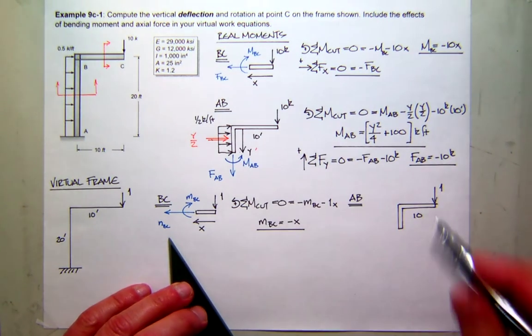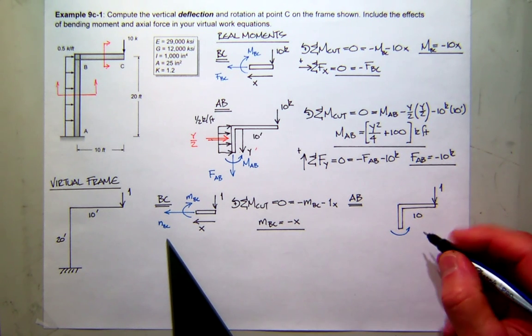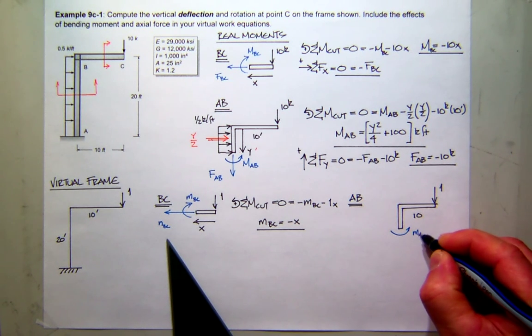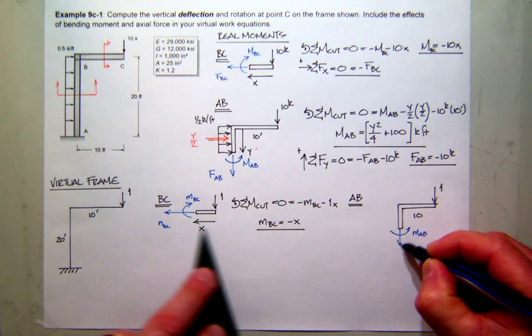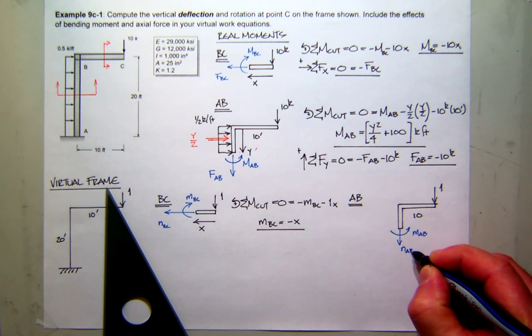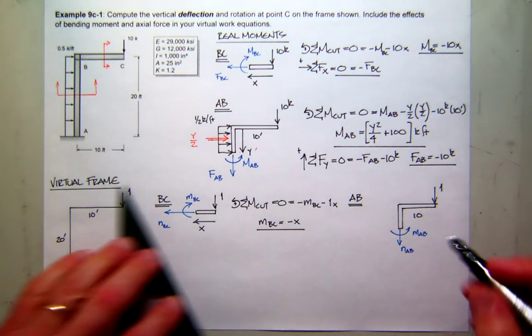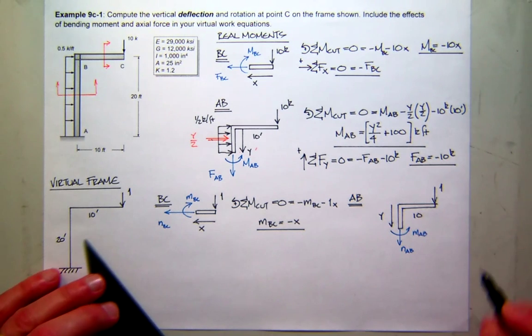That's been wiped away. I still have the same moment direction, which is now the lowercase, and then also for my axial force, which I'm using n. And I did also assume that had a distance from the top to the bottom of y.